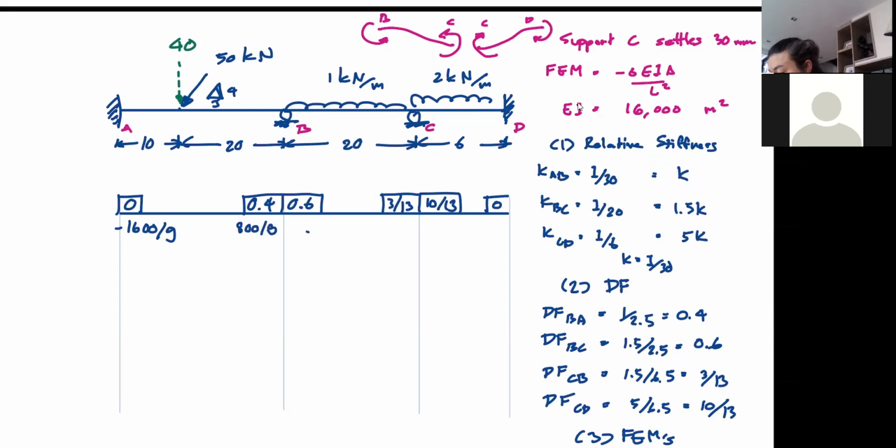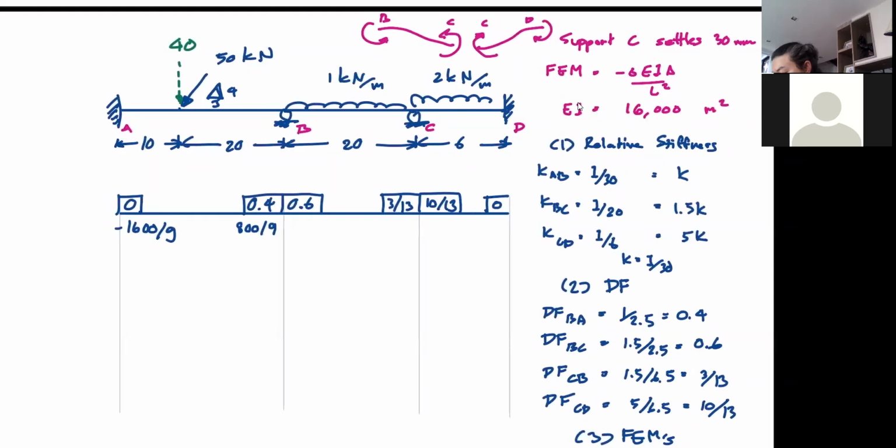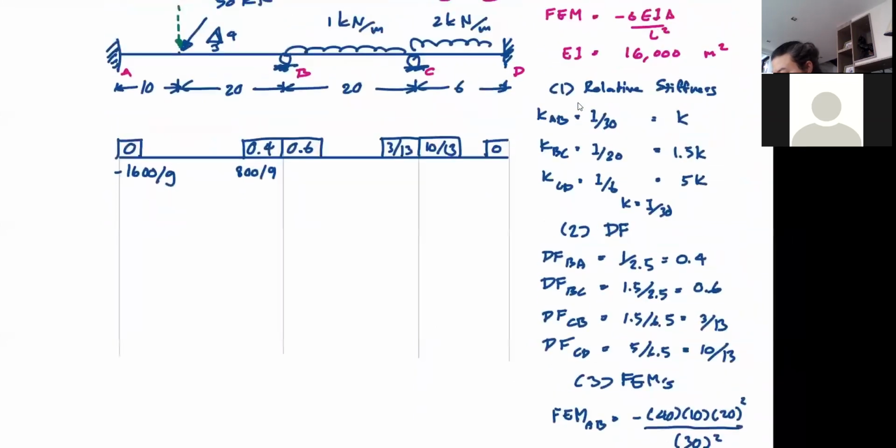For this value, oh, that doesn't look like a 9. For this value at BC, there are 2 that you must combine now. That is 100 over 3 and minus 7.2, okay? Don't forget that.